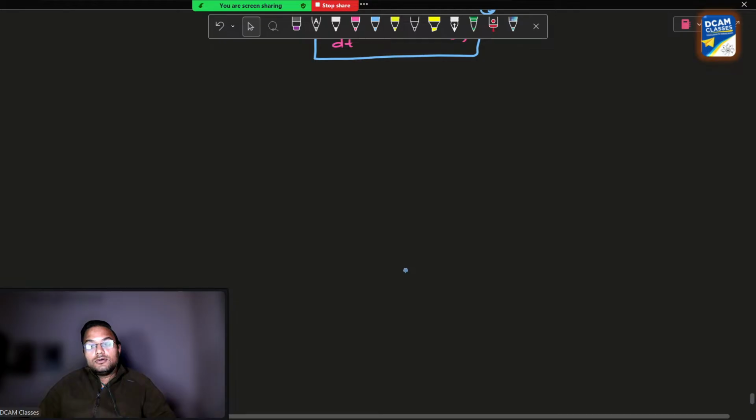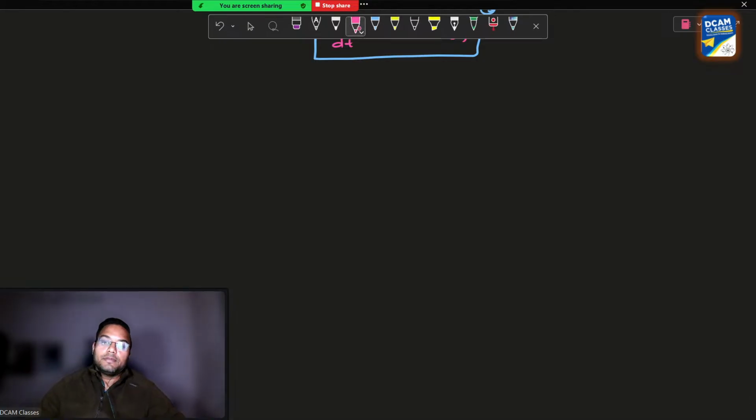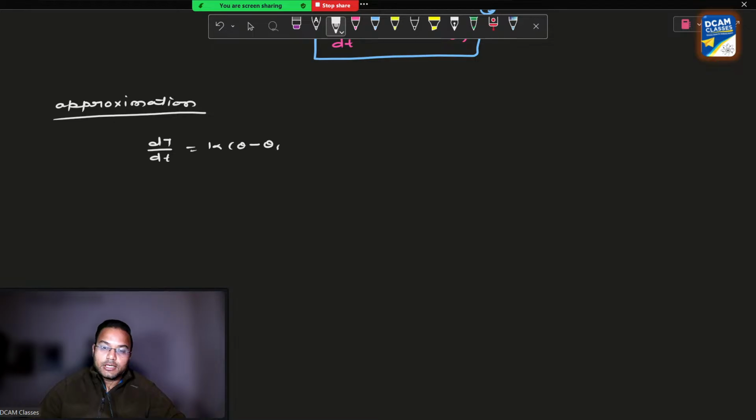If there is an information lag, meaning less information is given, in that case you can use this approximated form, that is d temperature by dt. We know it is equal to k into theta minus theta naught.